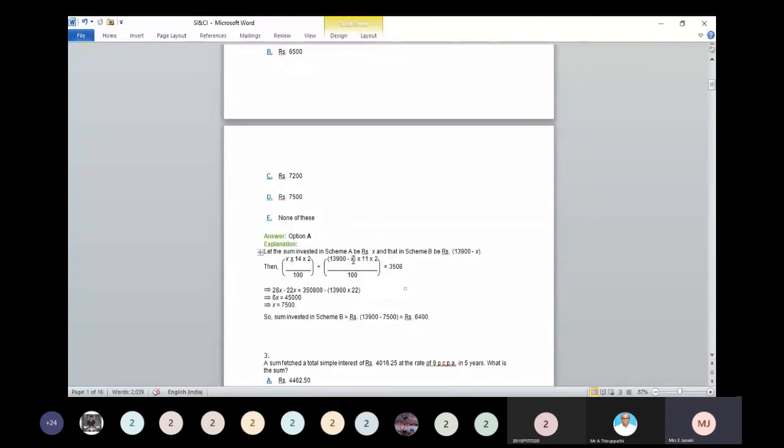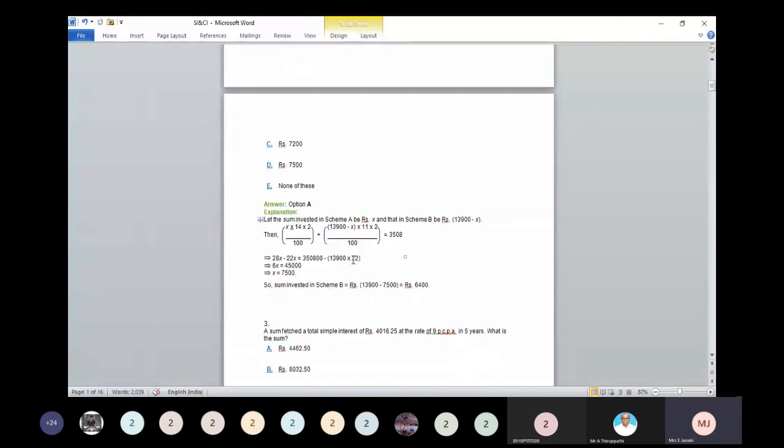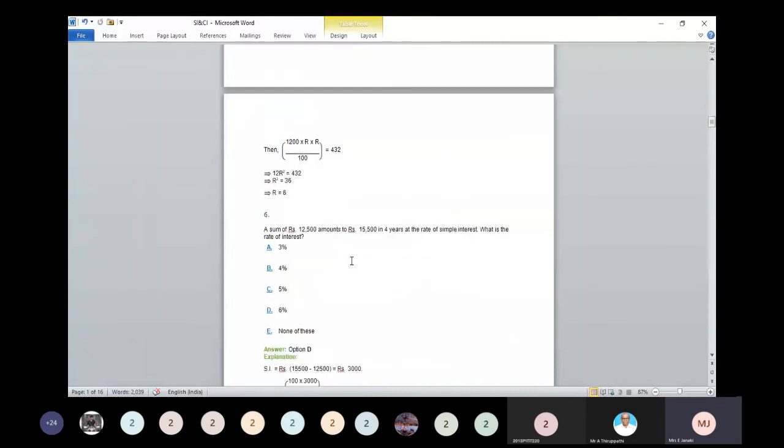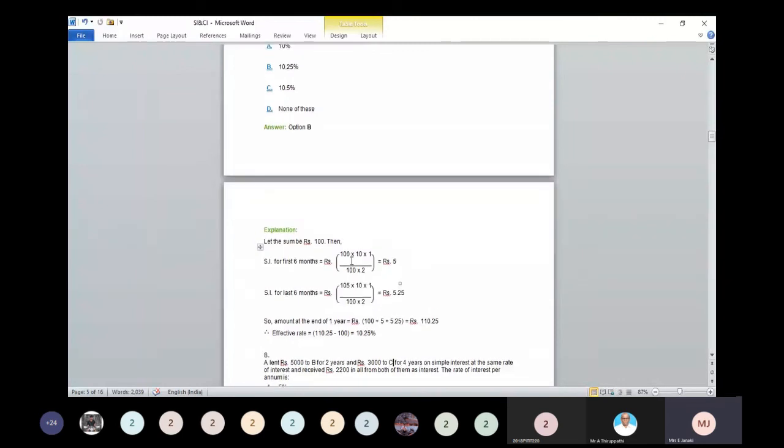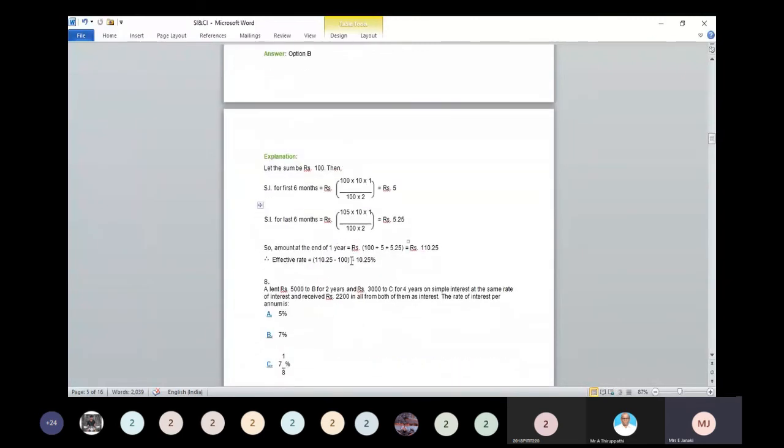In the second problem, we calculated the principal amount. We didn't know the principal amount, that's why you took the principal amount as X for the first scheme and for the second scheme, the total amount minus X. Okay, now the same model here. So you try this seventh problem. The model is the same. Okay, that is the eighth problem.